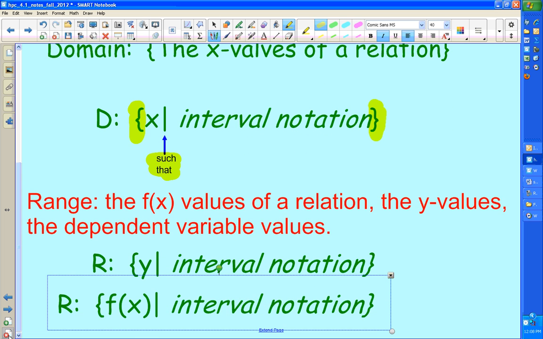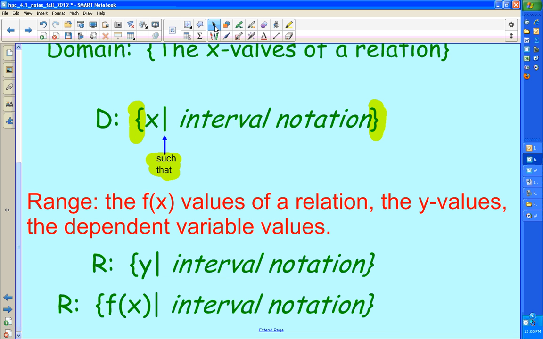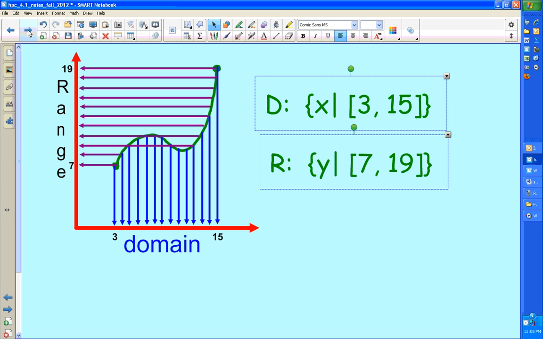The range, all values of y such that, and then interval notation. Remember, this stuff has to have the braces around it. And it could be in function notation as well. It could be f of x such that, and then the interval notation. And I'll give you some examples of that so you can see it here.